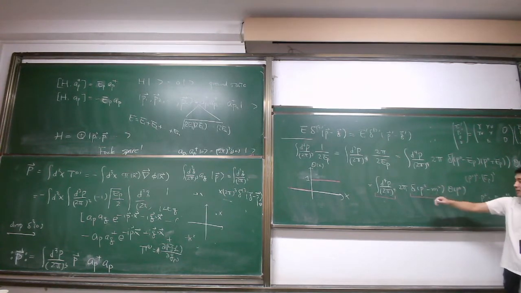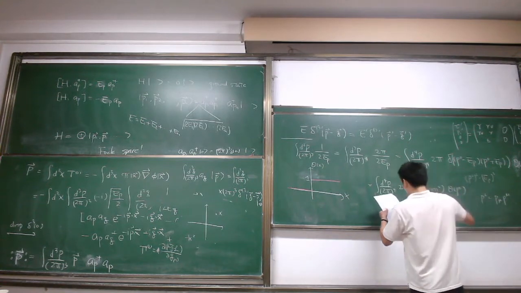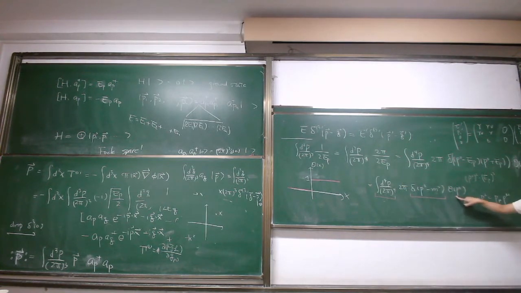And the theta of P0 is also Lorentz invariant, because under the Lorentz transformation, the sign of P0 does not change. If you have a light cone, this direction does not go to this direction.